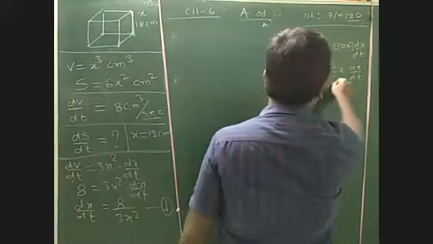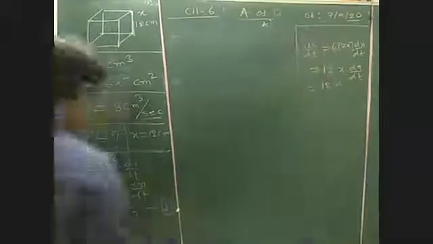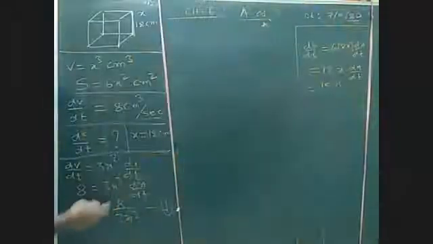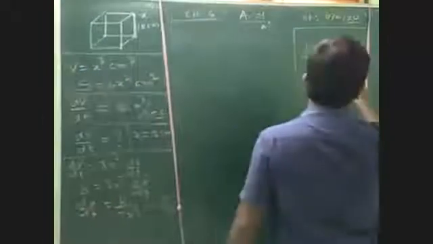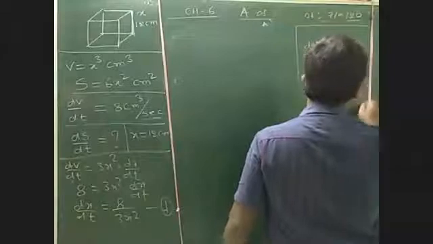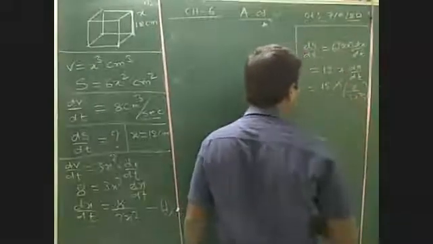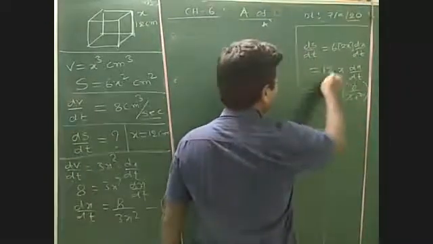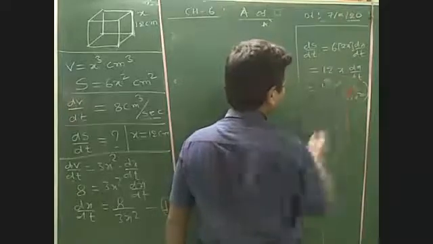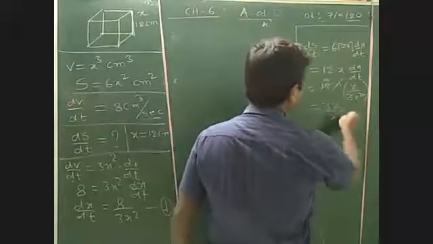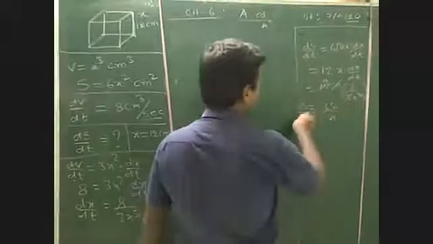What is dx by dt? We already got it here: 8 by 3x square. So x gets cancelled, 3 fours are 12, so 4 eights are 32 by x. This is dS by dt.